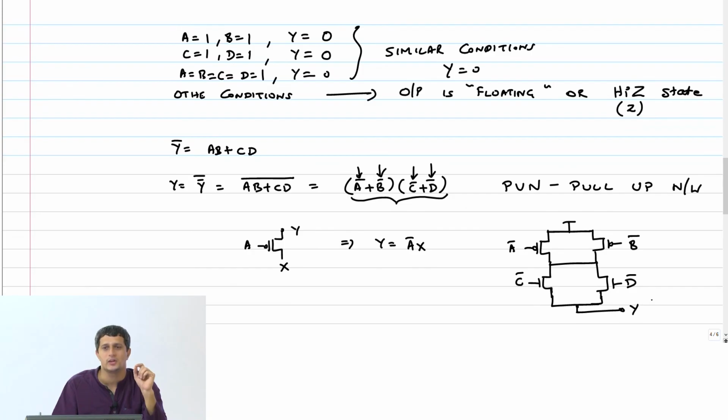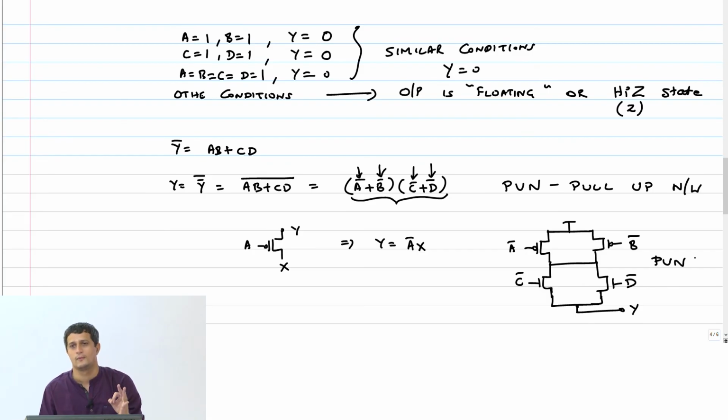So again, here the output Y, when the input combinations allow a path to VDD, which could basically be through any of these combinations, the complementary combinations of when it would go to 0, the output Y would go to 1, and otherwise it would be in high impedance, because I have not yet connected the pull down network here. I have just connected a pull up network to VDD. So in the other conditions, the output will float. Okay.